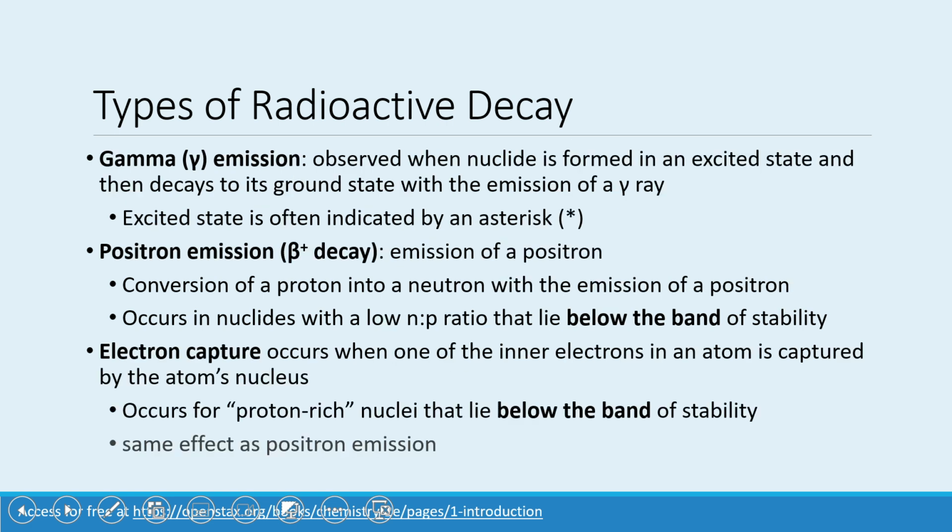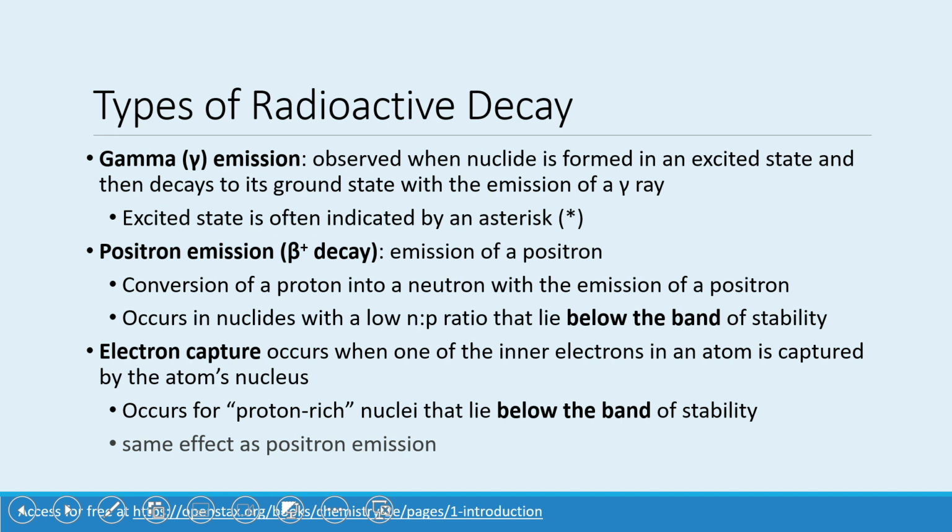Then the other types of radioactive decay that we have is a gamma emission. So we saw that happen. It's when you have an excited state of something with an asterisk, and so it's going to release a gamma ray while it decays down to its ground state. And so you'll see that with the parents whenever you have the star next to it.